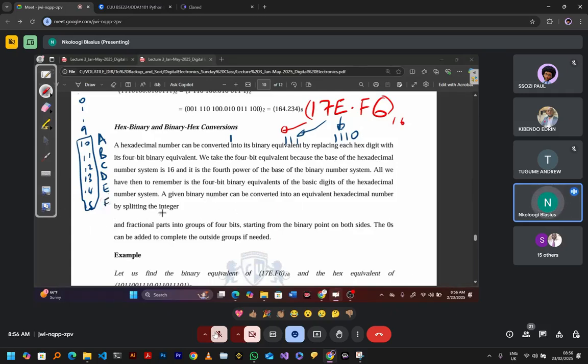So remember your conversions. 15 will be 1, 1, 1, 1. Okay. 14 will be 1, 1, 1, 0. What will be the 12?